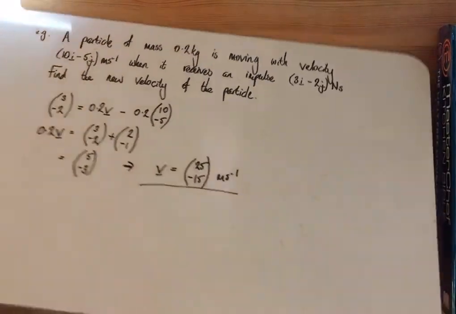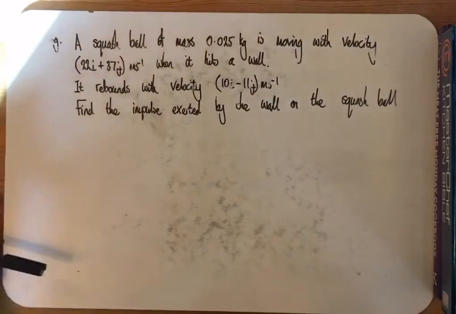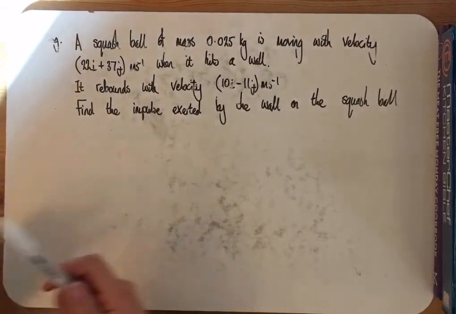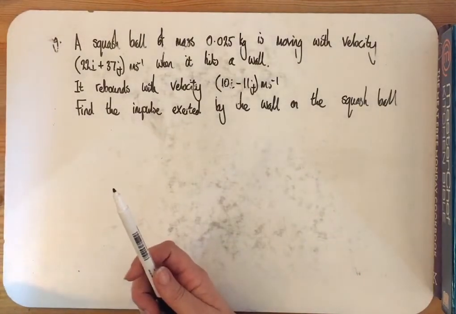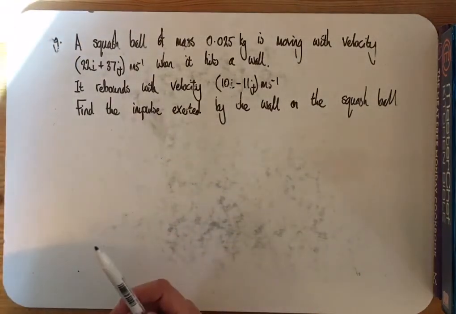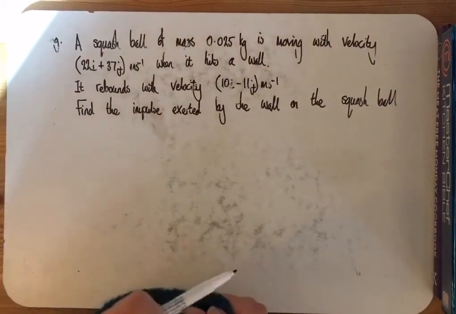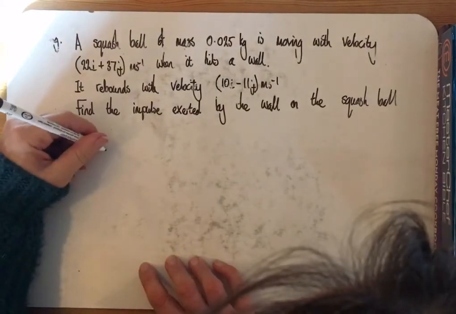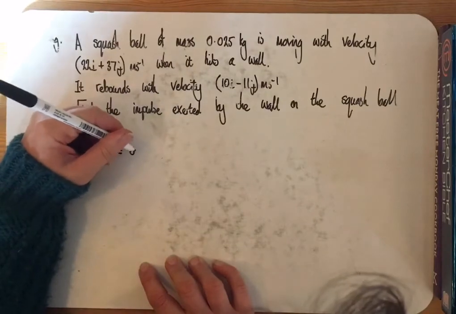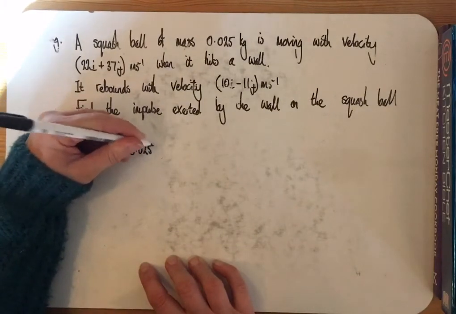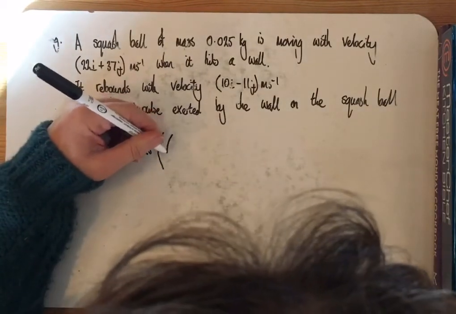Second example. A squash ball of mass 0.025 kilograms is moving with velocity 22i plus 37j when it hits a wall, and it rebounds with velocity 10i minus 11j. Find the impulse exerted by the wall on the squash ball. So impulse is equal to mv minus mu, so you could just incorporate those in if you wanted to.